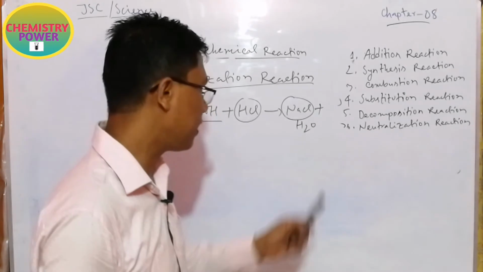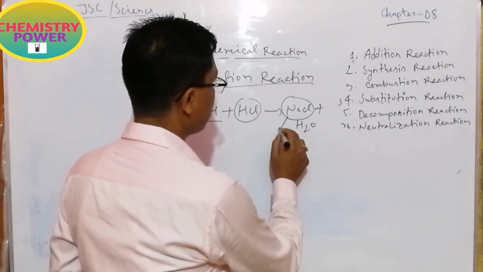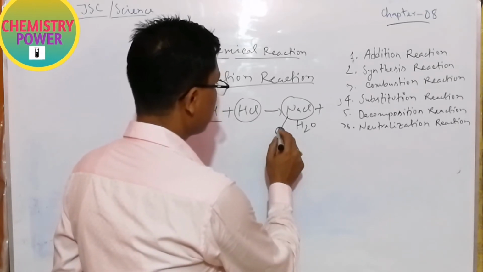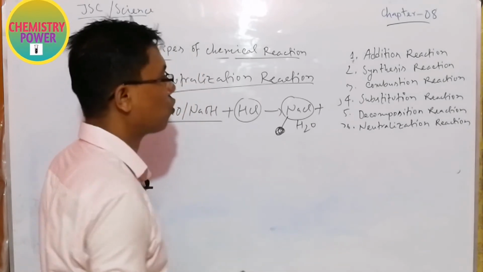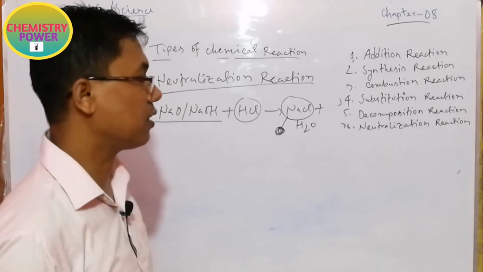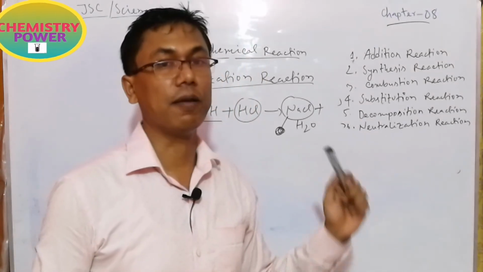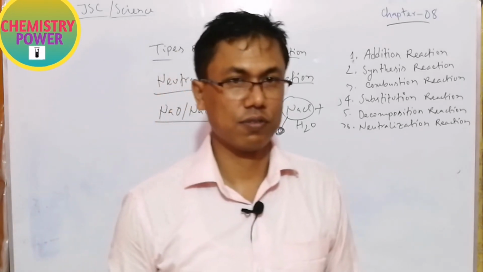That is why it is a neutral substance. In the sodium chloride solution there is no change in litmus paper. That is why this kind of reaction is a neutralization reaction. It has another name: it is also known as an acid-base reaction.